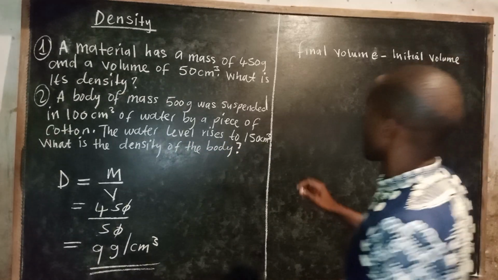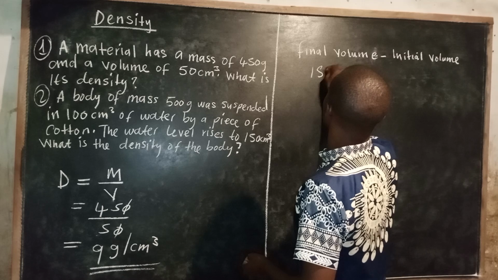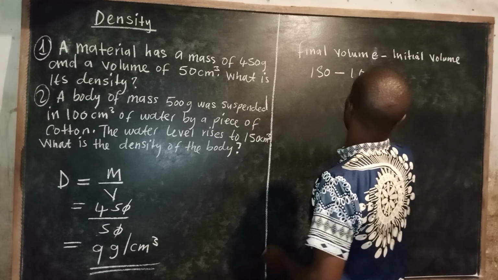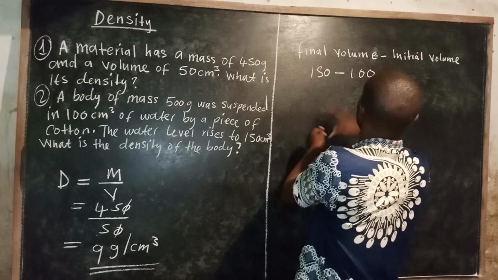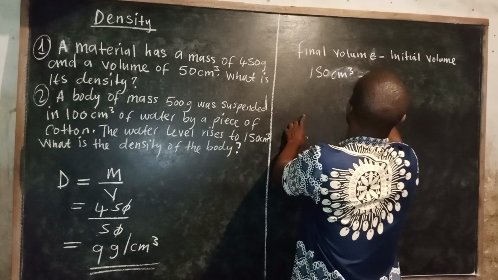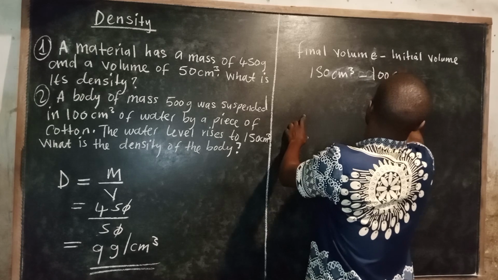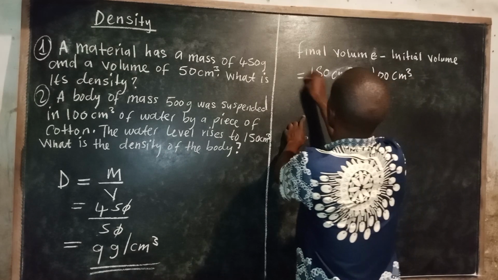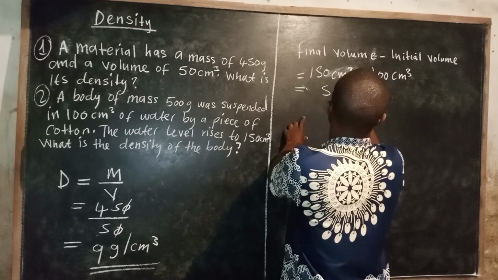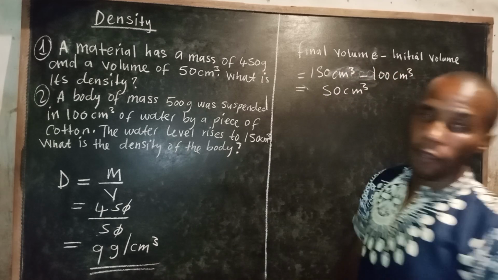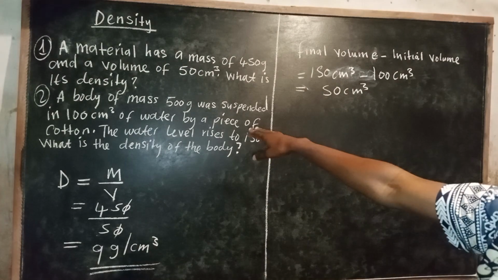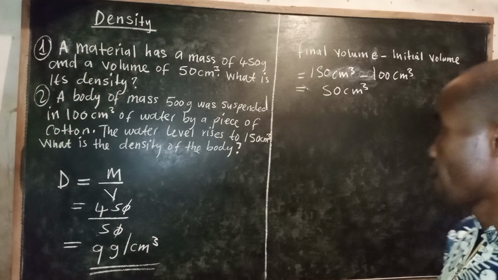So that is our final volume, which is 150 minus our initial volume, 100. Let me even put the units: 150 centimeters cubed minus 100 centimeters cubed. The answer that we are getting here is 50 centimeters cubed. This was the volume of the body with the mass 500 grams.